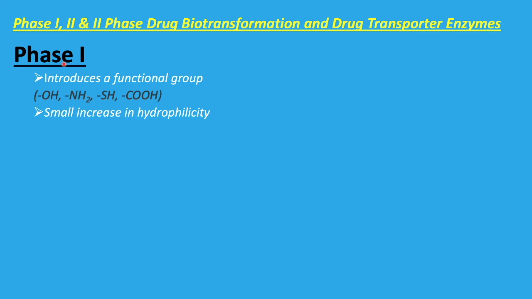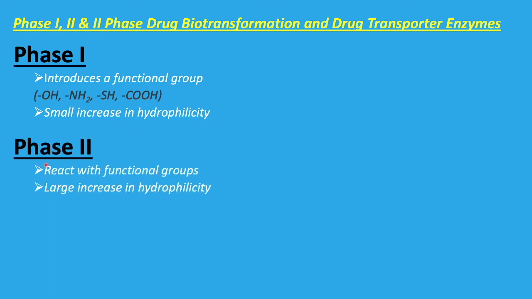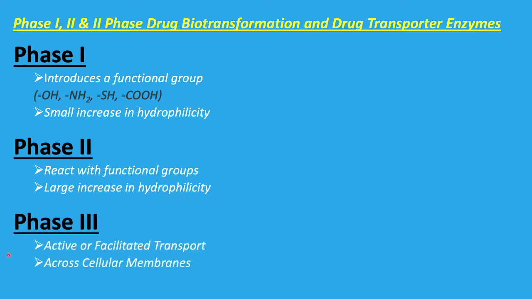In phase 1 reactions, there's an introduction of a functional group to include a hydroxyl, amidation, sulfhydryl, or carboxylation, which produces a small increase in hydrophilicity, whereas phase 2 reactions produce a rather large increase in hydrophilicity. Phase 3 reactions are comprised of active or facilitated transport by drug transporter proteins across cellular membranes.